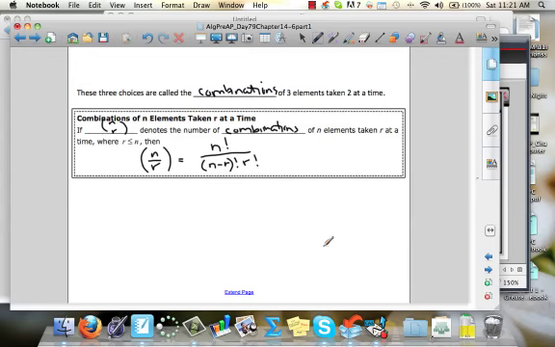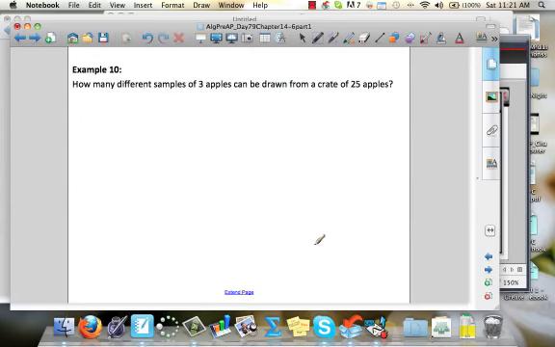Well, how many different samples of 3 apples can be drawn from a crate of 25 apples? Since I don't care what order the apples come in, if I just take 3 clumps of apples, I don't care which apples are being taken. That would be 25 choose 3.